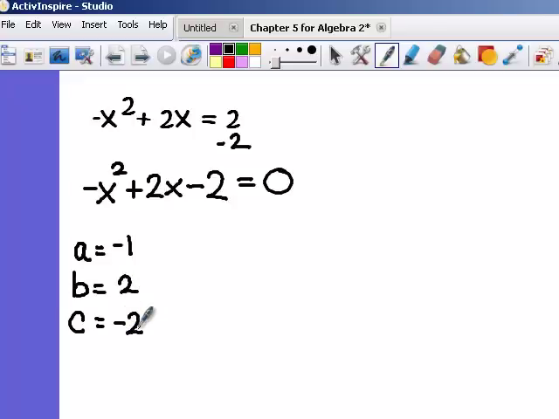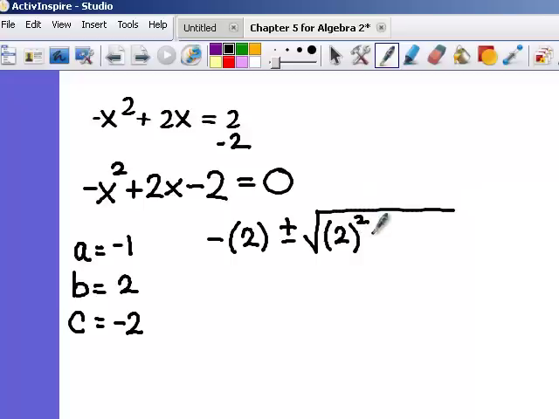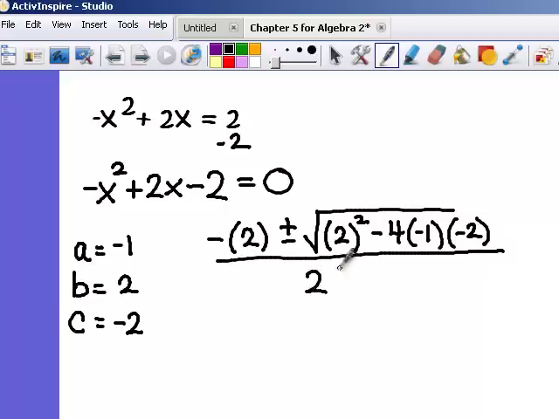And again, we have the quadratic formula. I'm going to skip writing this step just for the sake of space. So we have -b, which is 2, plus or minus square root b squared minus 4ac. This is all over 2a.